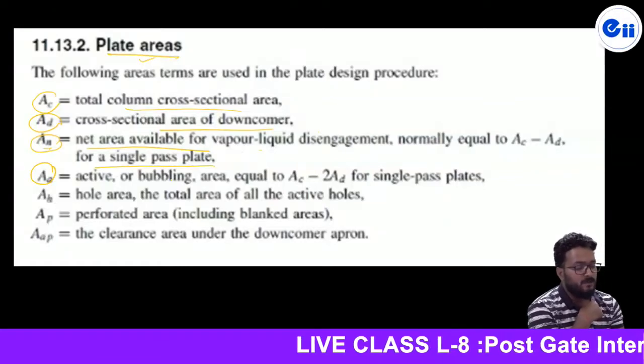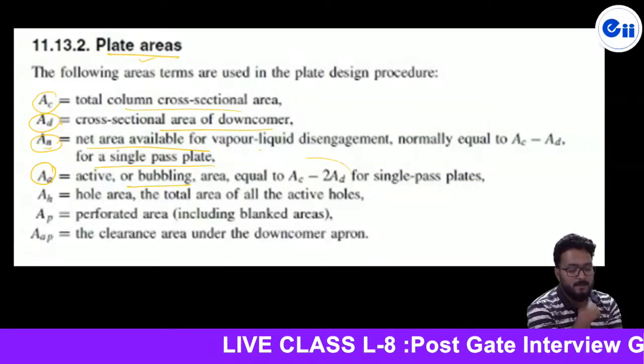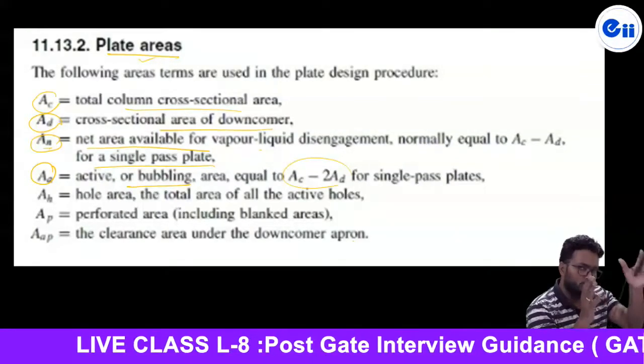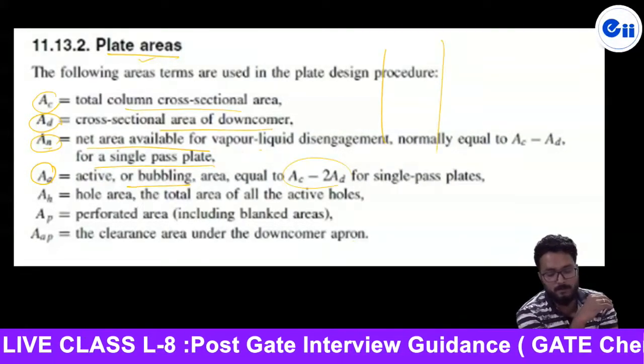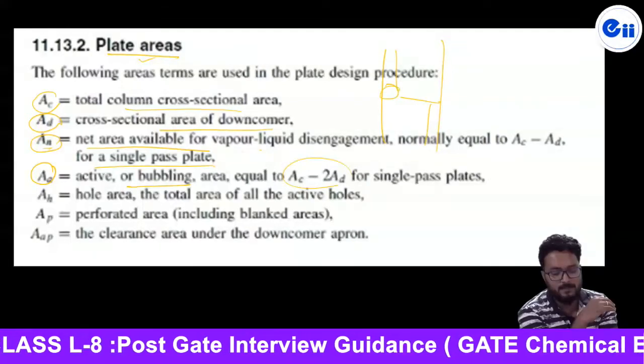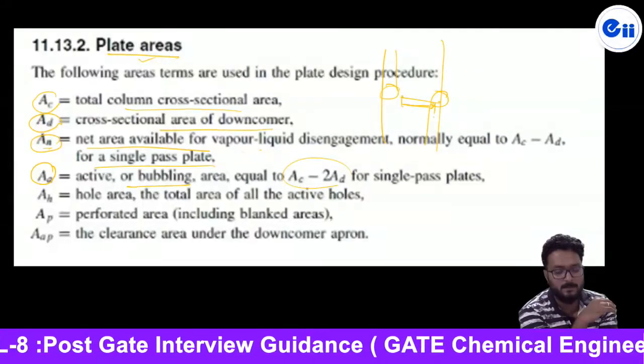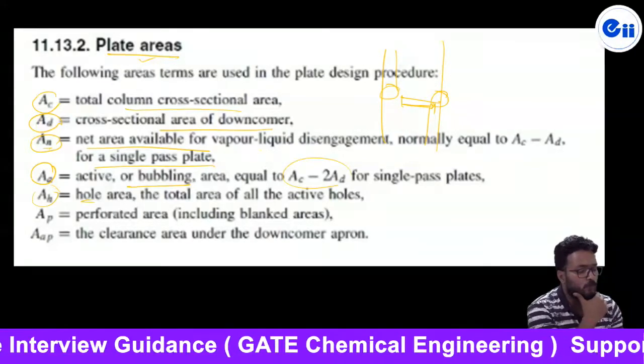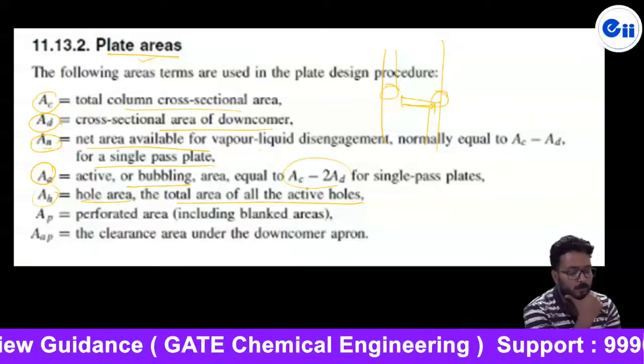Active area, also called bubbling area, is AC minus 2AD, meaning the column has this plate, and we have subtracted this area out; only this area is called the bubbling area, also called the active area. AH is called the whole area, or total area of all active holes.